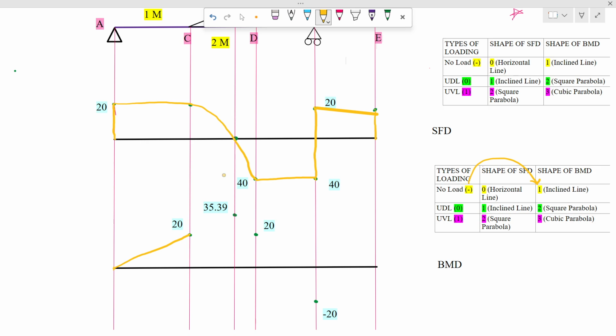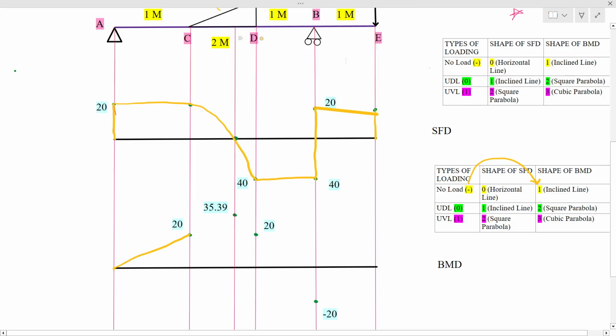Now, if you see in the problem, C to D, there is a uniformly varying load. So for a uniformly varying load, the BMD will be a cubic parabola. Now how to draw this? At this point, there is some value of shear force, that's why there will be some slope.